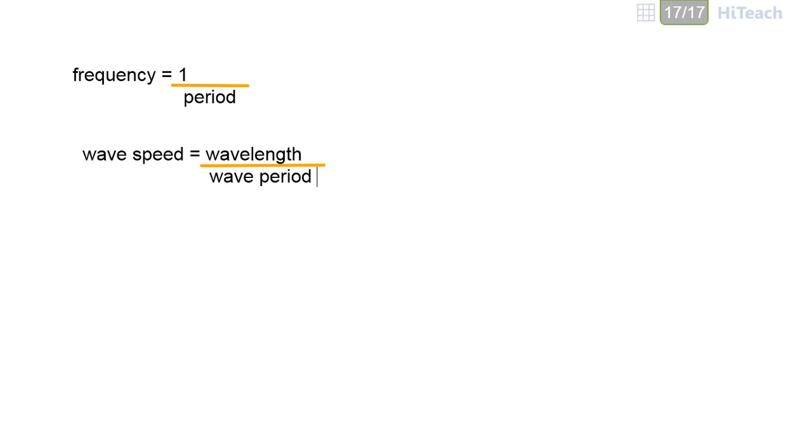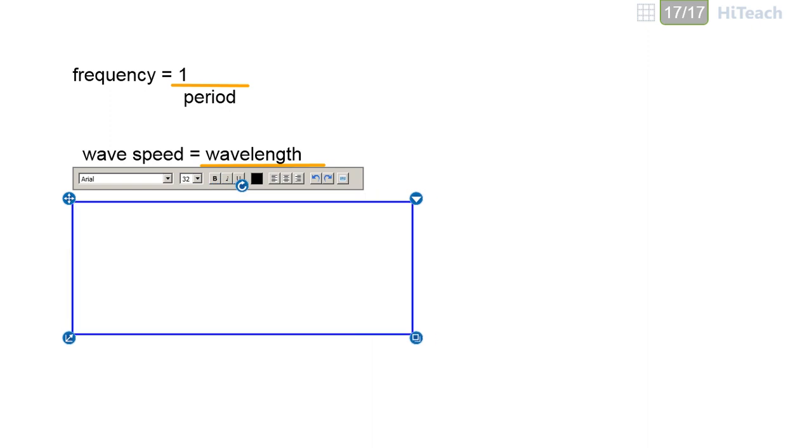Since the frequency is the inverse of the period, we can use another formula to find the wave speed from the previous formula. Wave speed equals frequency times wavelength.